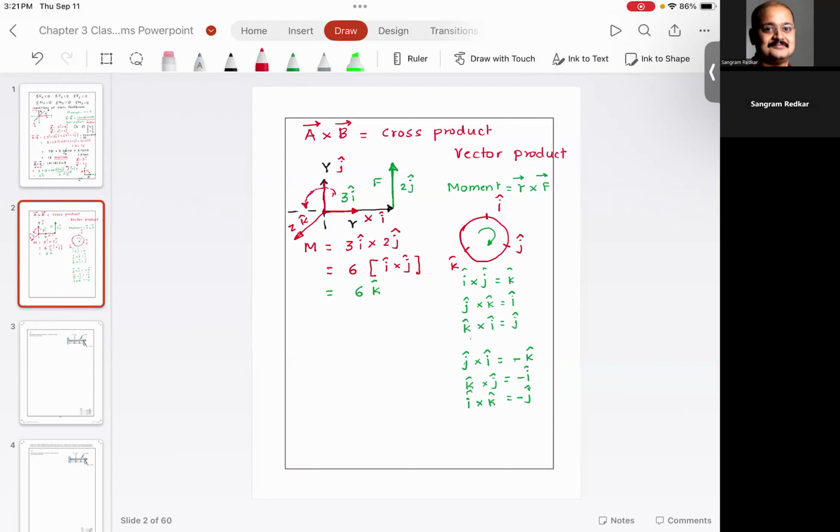This force is going to rotate about z, and this rotation is going to be counterclockwise. When you curl your fingers in the direction of the movement, can you see that your thumb is pointing towards the positive z-axis? What that means is the resultant moment is positive. Everyone understood this?